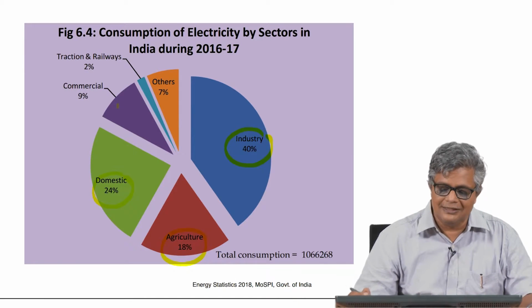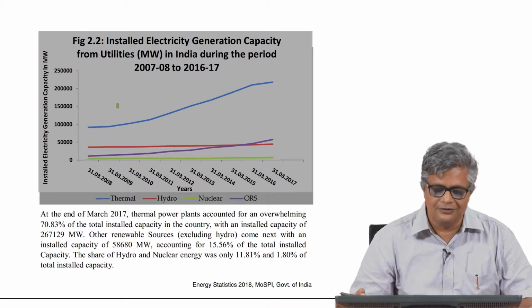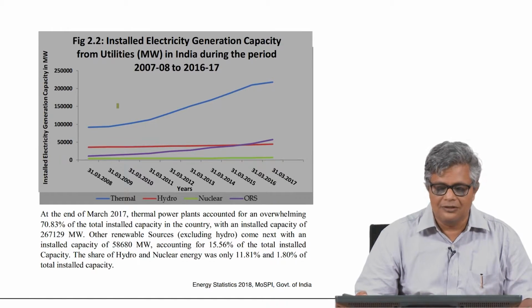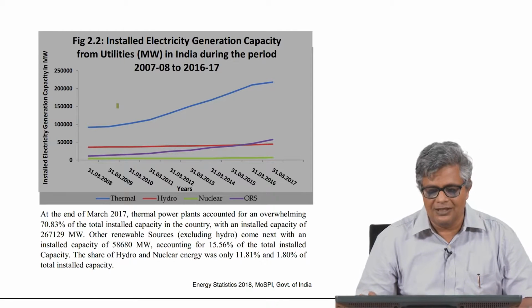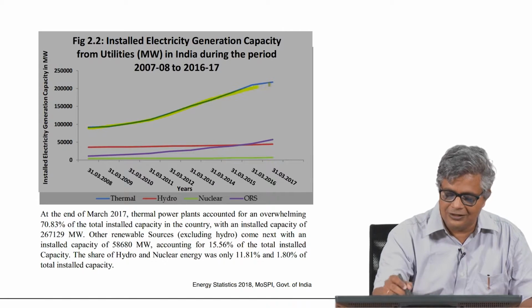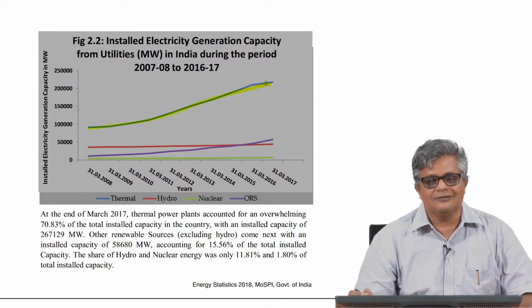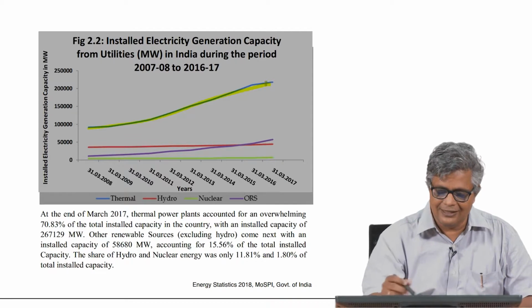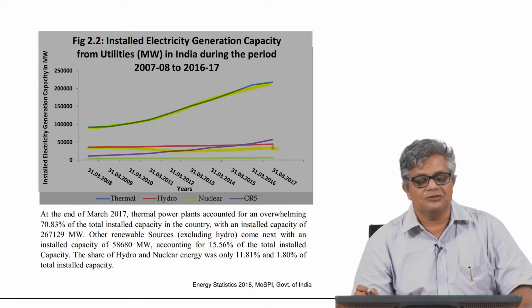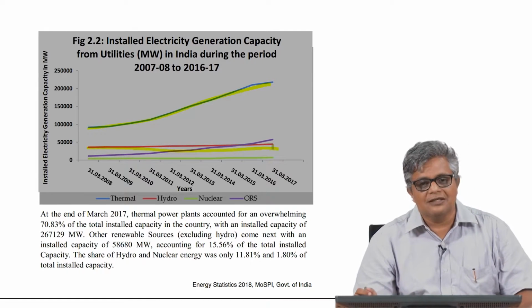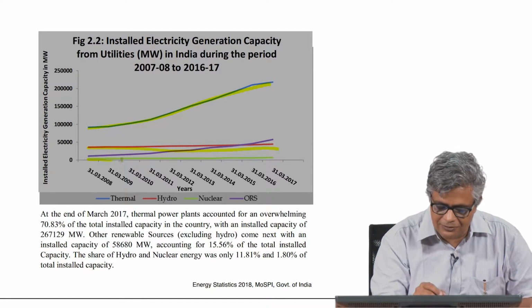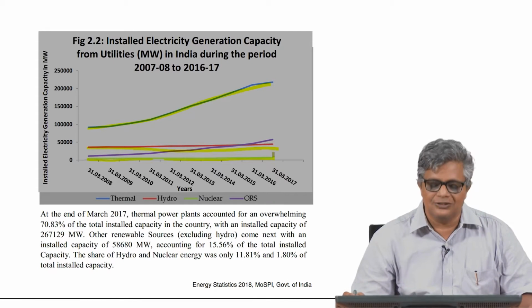So, for all these things we see increasing need, and this is reflected also in the installed power generation capacity over the past decade, and you can see that there has been a steady increase in the thermal power generation. That is coal type of power generation that has been steadily increasing, whereas hydro has become fairly constant. We have exhausted most of the major hydro related power generation, and you can also see that other renewable sources are very small.